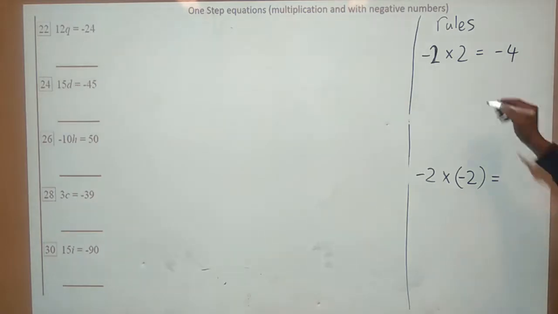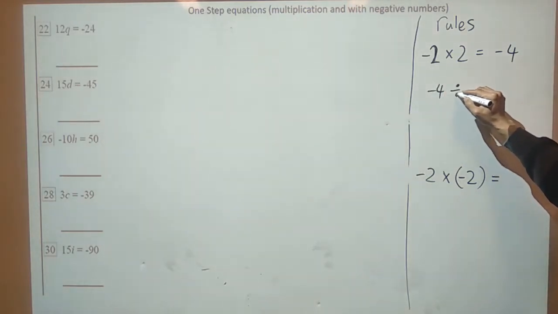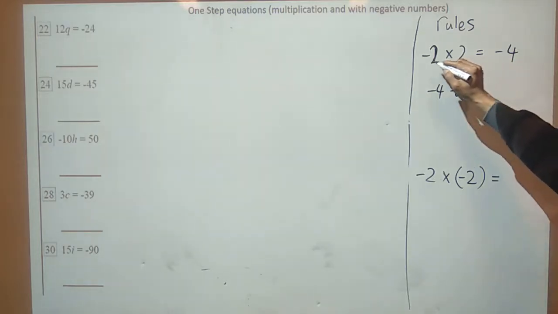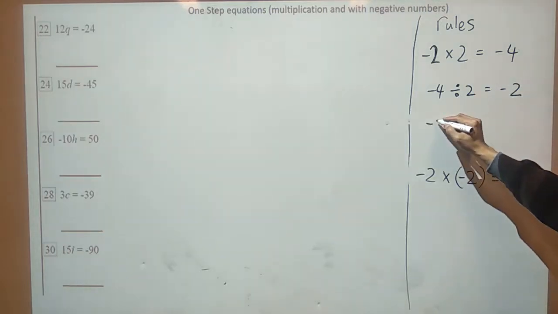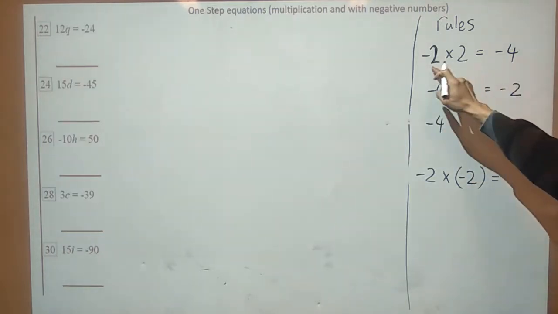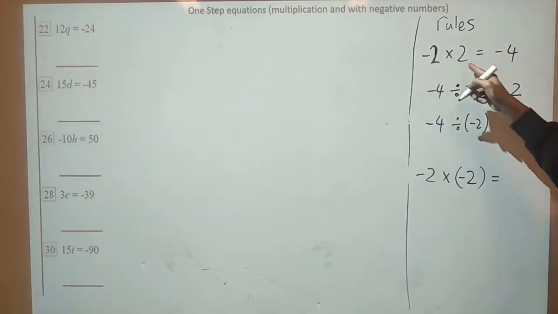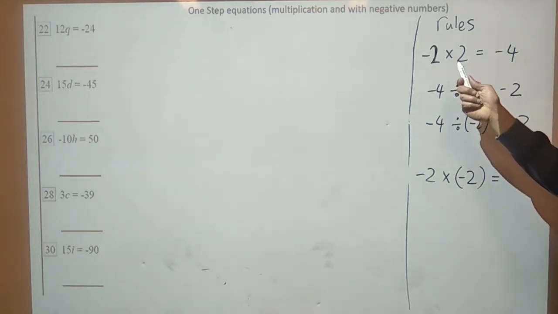What this also means is that minus 4 divided by 2 will give you negative 2. At the same time, it also means that minus 4 divided by negative 2 will give you 2. So what it means is this.